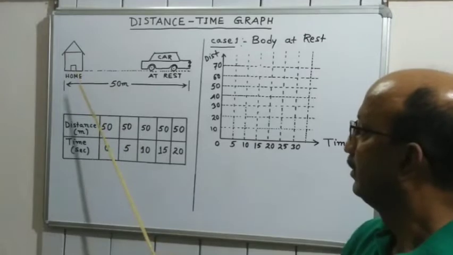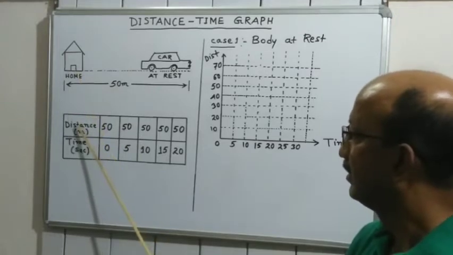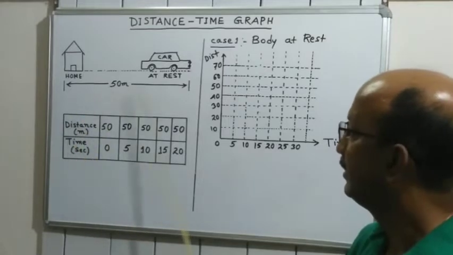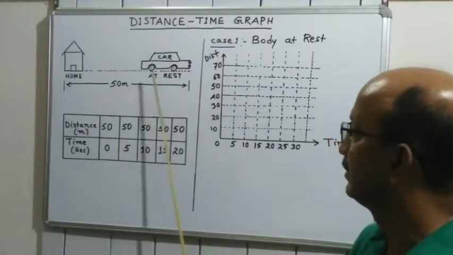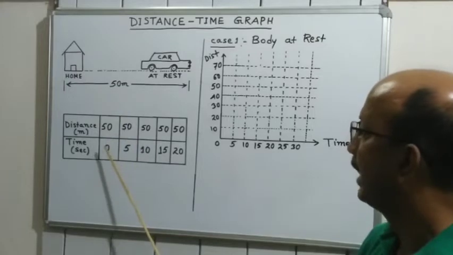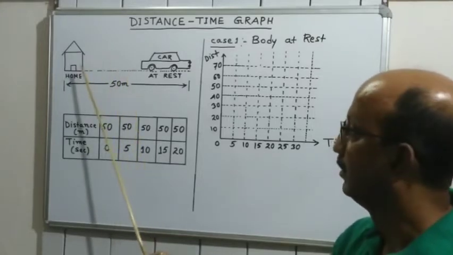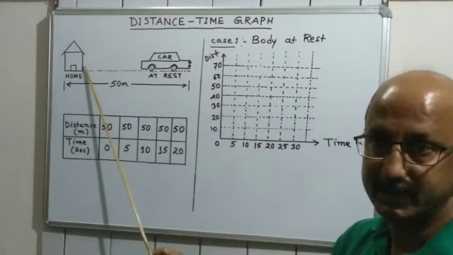If we write the distance of the car and the time in a tabular form, we see that when time is 0, the distance of the car from your home is 50 meters.